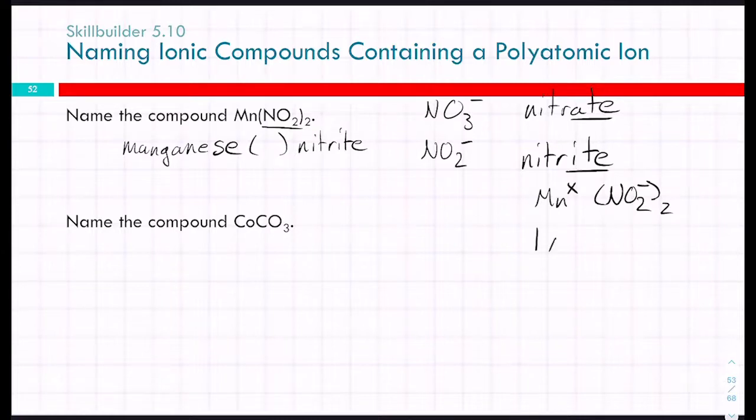So our 1 manganese times its charge plus our 2 nitrites times their 1 minus charge will be 0. So X plus a negative 2 equals 0, X equals 2. So manganese must have a 2 plus charge.